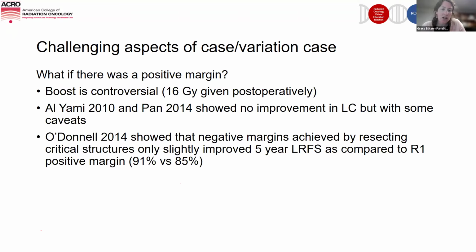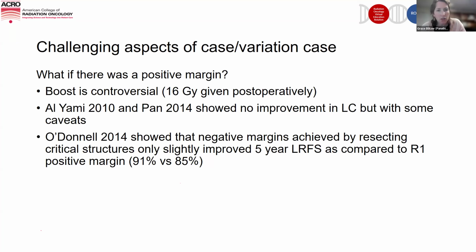Next slide. Boost is pretty controversial. You can think about giving 16 gray, so getting up to 66, but there are studies that didn't show improvement in local control with a postoperative boost. There are a lot of caveats. There are some nice letters to the editor, kind of fighting about this. But one thing that you can use to say I may not need to boost the positive margin is a nice study from O'Donnell that looked at negative margins when you resected critical structures versus R1 positive margins when you knew that was there and were treating that with radiation.